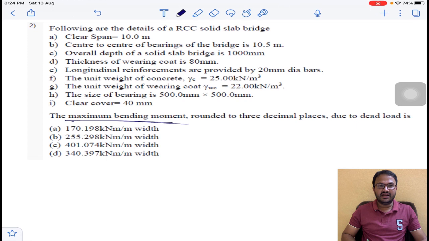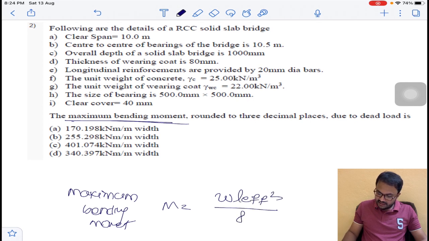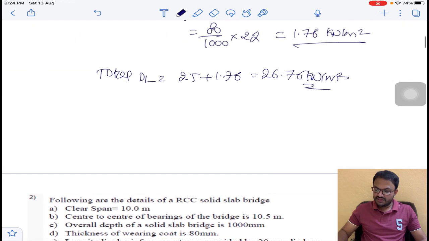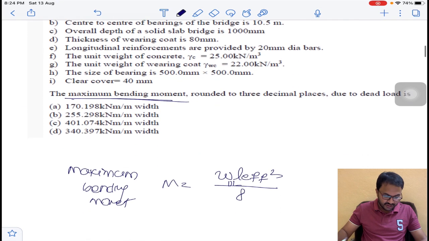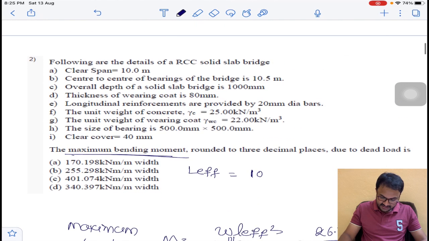So maximum bending moment M is equal to W L effective square divided by 8. Here the maximum bending moment is due to dead load, so total dead load W is 26.76 and here it is 8. We need to calculate L effective. L effective can be calculated using the center to center span.